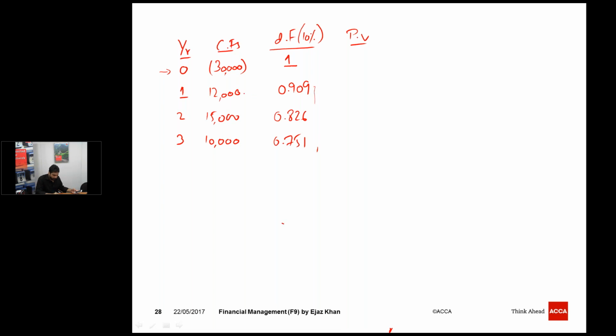All we have to do is multiply every cash inflow with its relevant discount factor. So let us calculate it one by one. We have to multiply 12,000 with 0.909.